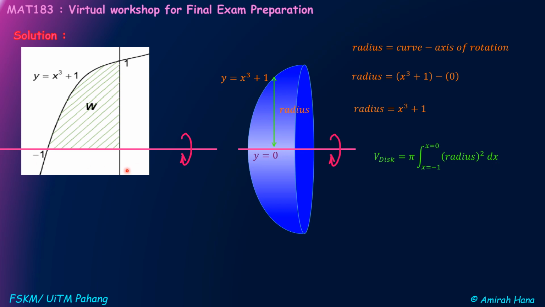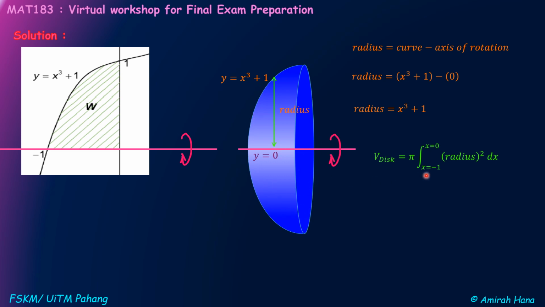If we have axis of rotation is a horizontal line, means we need to integrate with respect to x under this method. And if we integrate with respect to x, we need to use lower and upper limit on x-axis. Right? That's the technique when we use volume by disc. Why we use volume by disc? Because after rotation, we have solid object.